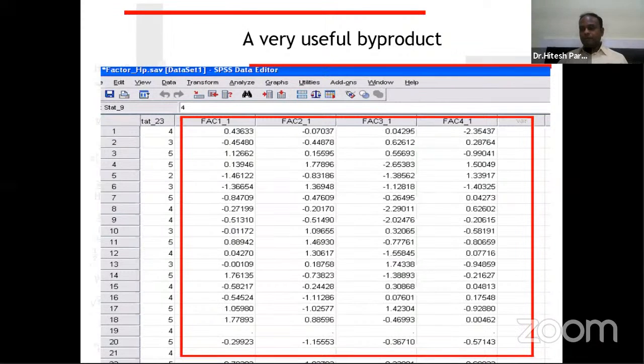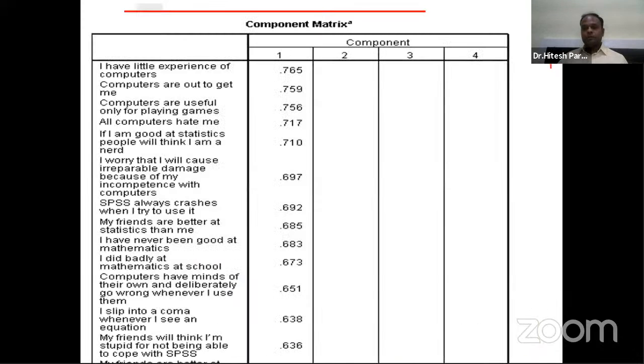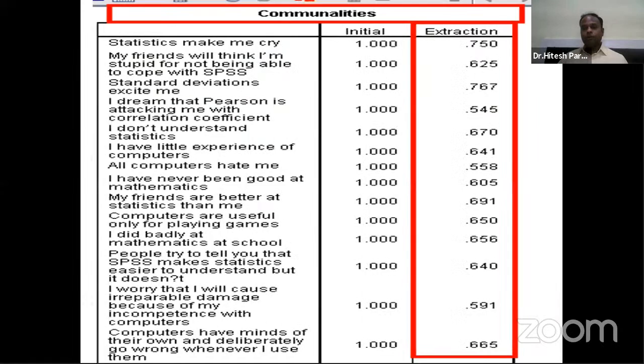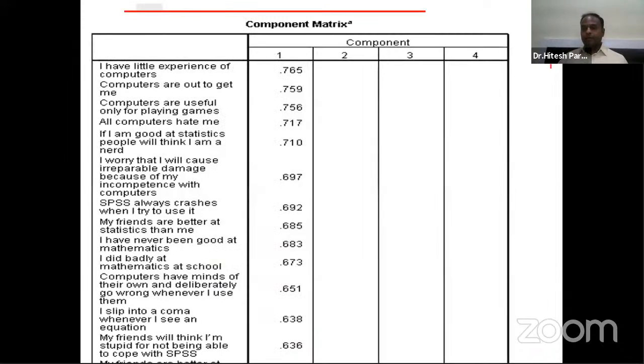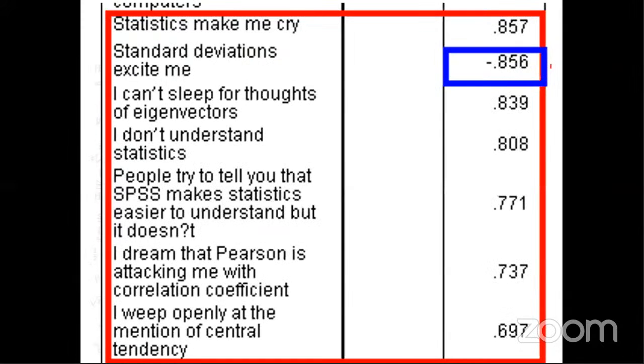If the item is reversely coded, for example, "standard deviations excite me" in our case, and it is showing a negative value, then first of all we need to reversely code it, and then we should see the results. Wherever the factor loading is higher, we'll consider that. Okay, thank you.